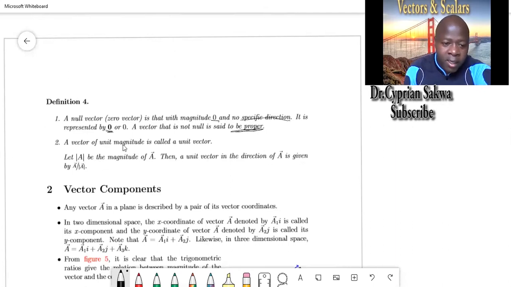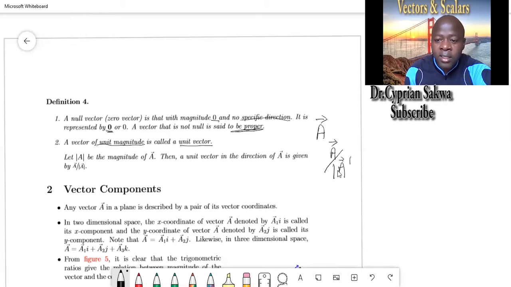A vector with a magnitude of 1, a vector of unit magnitude, is called a unit vector. Now, if I'm given vector A and I'm asked to find a unit vector in the same direction as vector A, what I would do is take vector A divided by its magnitude.